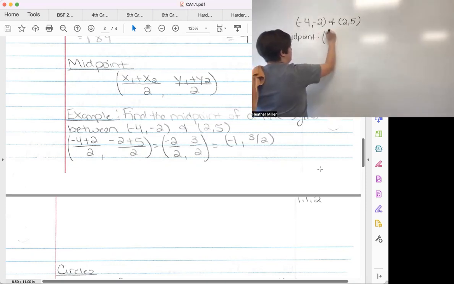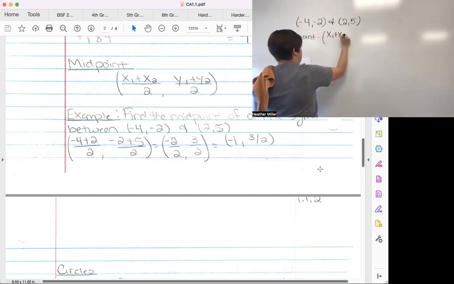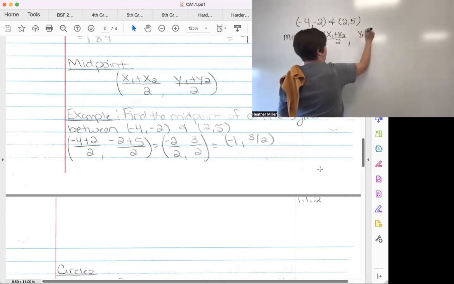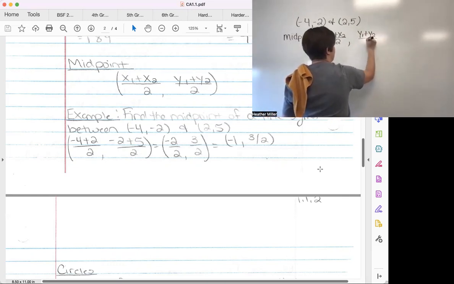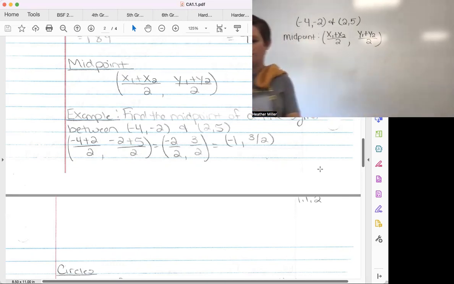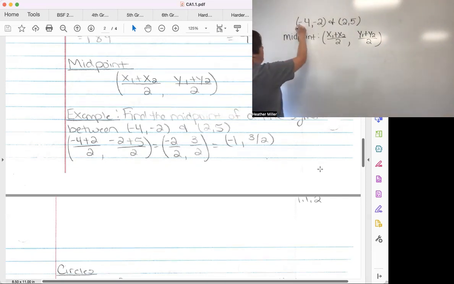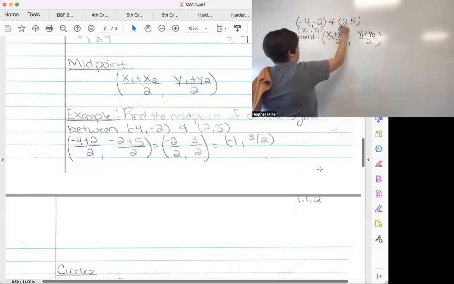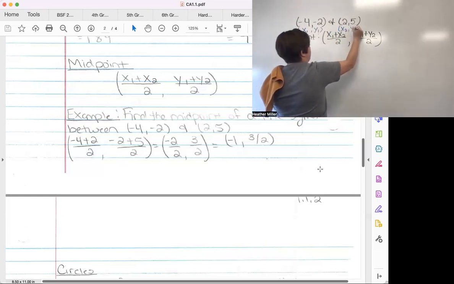To find the midpoint, I take x1 plus x2 and divide it by 2, and I take y1 plus y2 and divide it by 2. That's what I'm going to do. So again, I'm going to label the first one x1, y1, and I'm going to label the second one x2, y2.